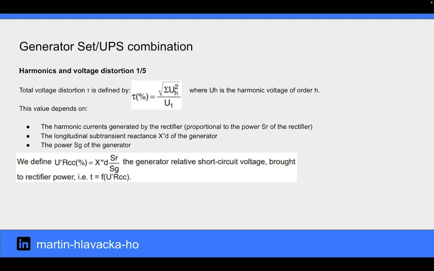Harmonic and voltage distortion value depends on the harmonic currents generated by the rectifier, the longitudinal subtransient reactance of the generator, and the power of the generator.